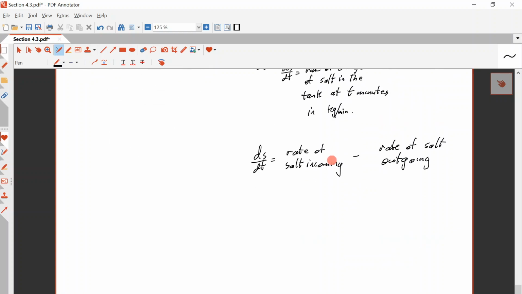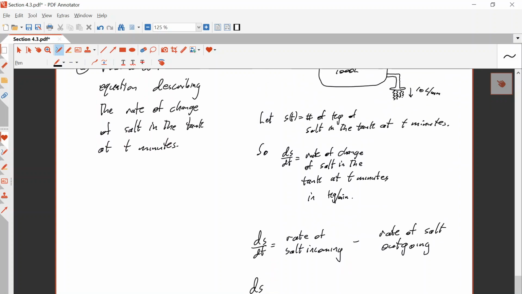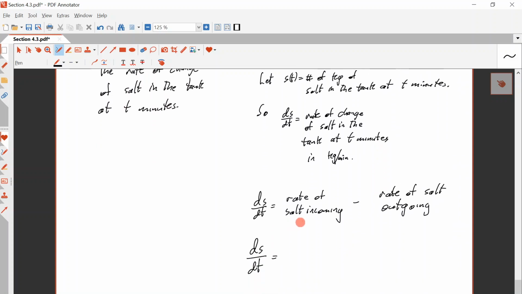The rate coming in minus the rate going out. So ds/dt is equal to what is the rate of salt coming in? And we're looking for kilograms per minute.